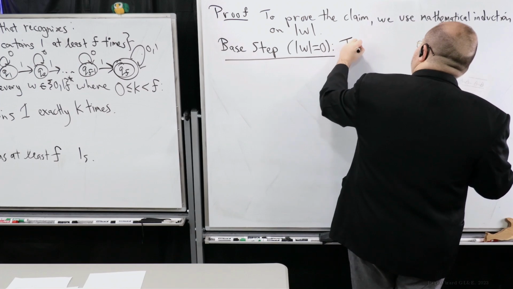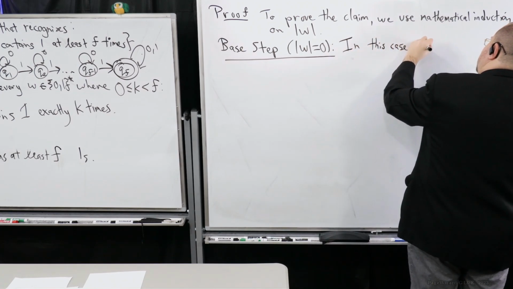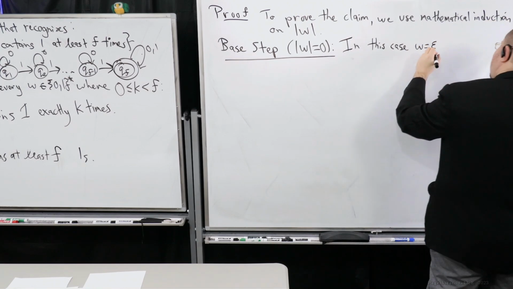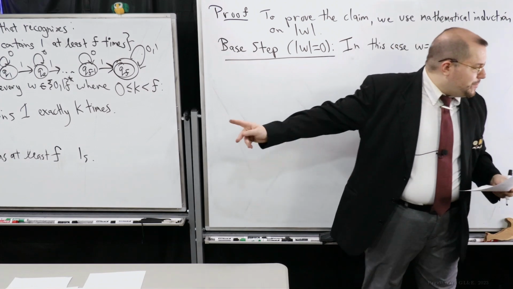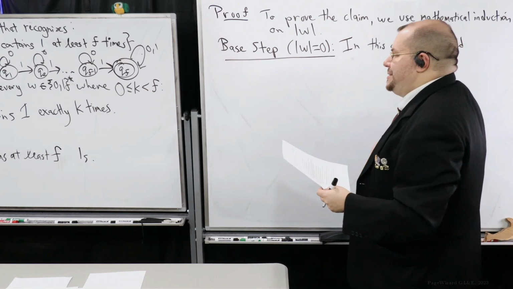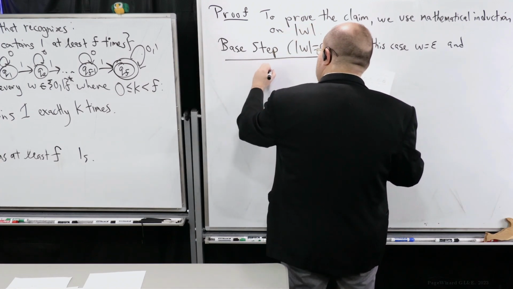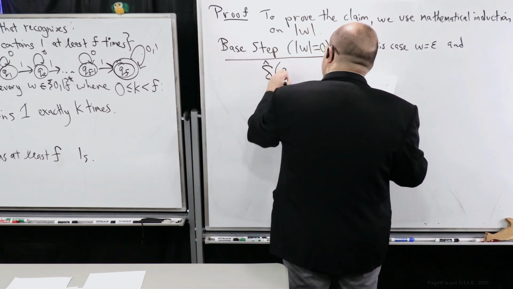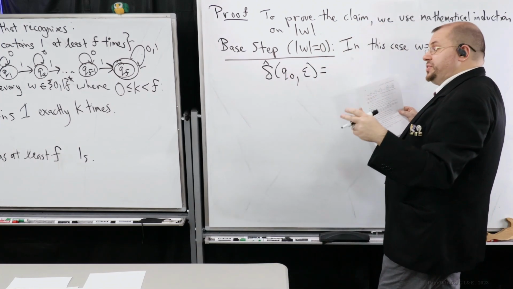So in this case W is equal to the empty string. And now let's just see what, by definition, the extended transition function will do. So it doesn't have any input to read. Which state is it going to be in? Delta hat Q0 epsilon, it's going to stay in Q0, right?